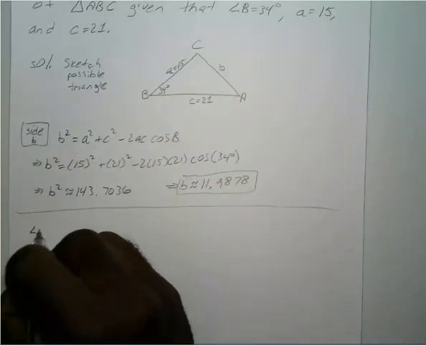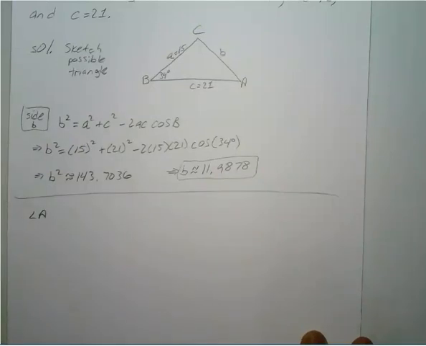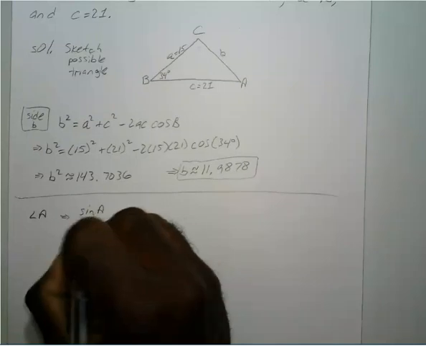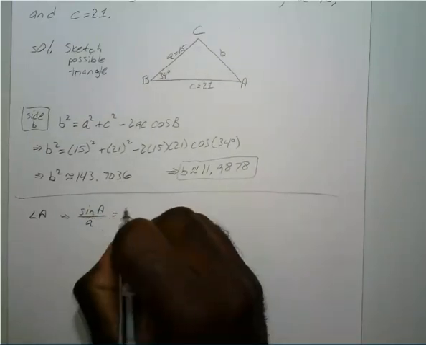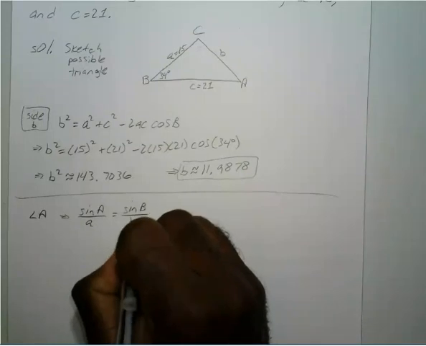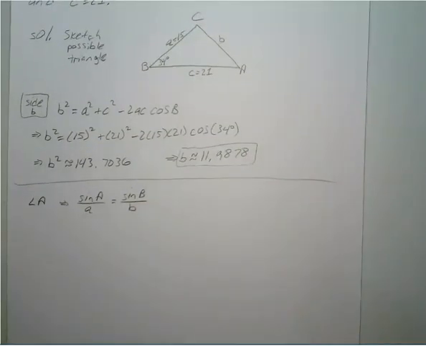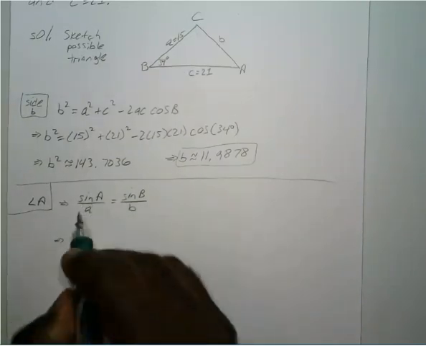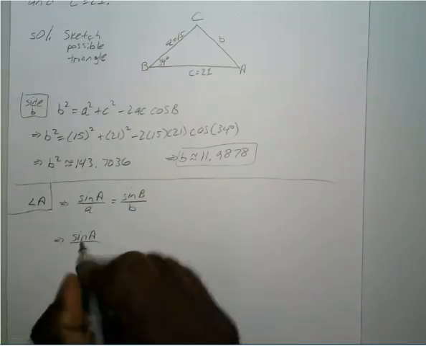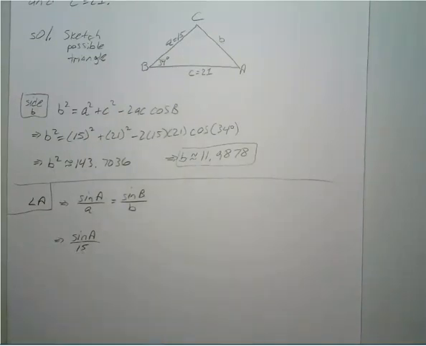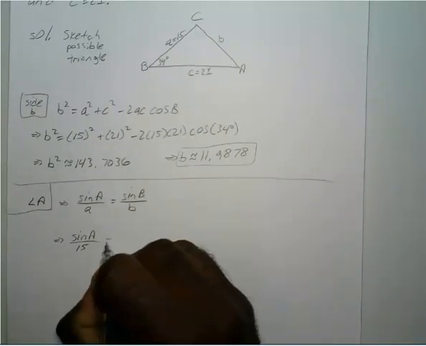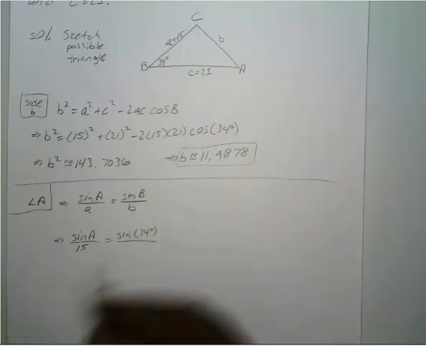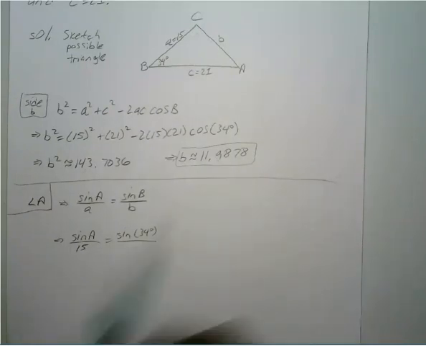Okay, so let's say we want to solve for angle A. We have sine of A over side A equals sine of B over side B. So if we go ahead and plug in our values, we have sine of A over side A, which is 15, equals sine of B, so that's sine of 34 degrees over side B, which is 11.9878.